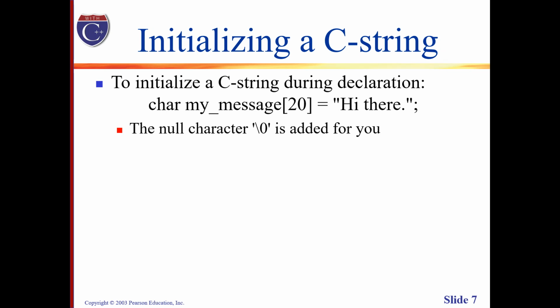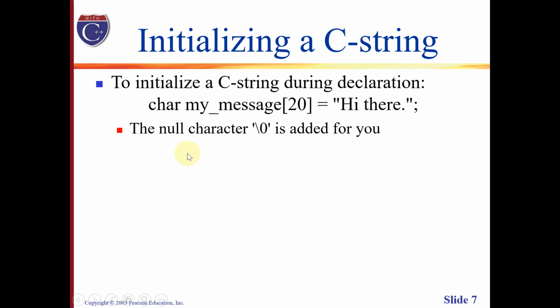How do we initialize a C string? To initialize a C string during declaration, we simply do the following. In this case, we specify the C string variable name, the size, and of course, we simply use the assignment operator to provide it with an initial value, in this case, the following string.